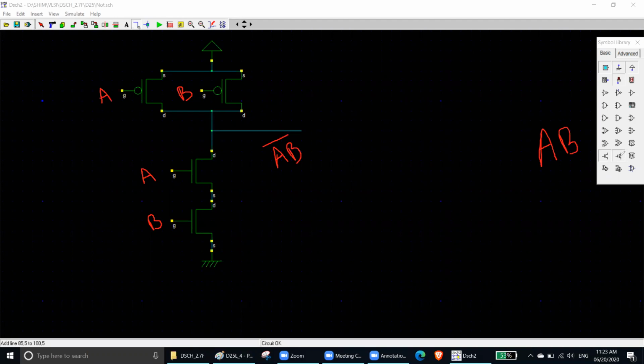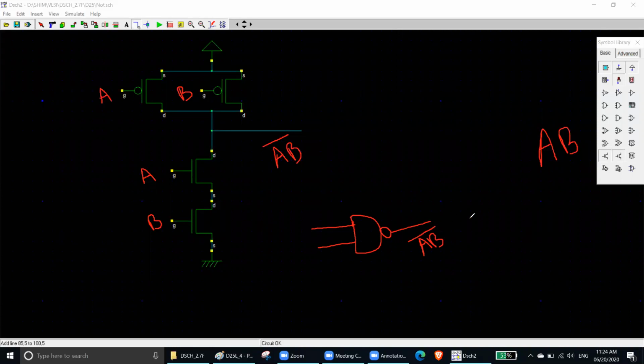In our digital electronics class, we have learned this: if you have a NAND gate, this is your A, this is your B, your output will be AB bar, right?